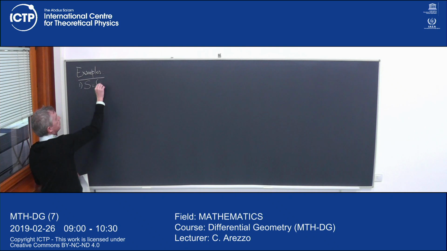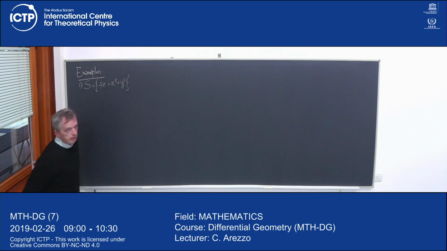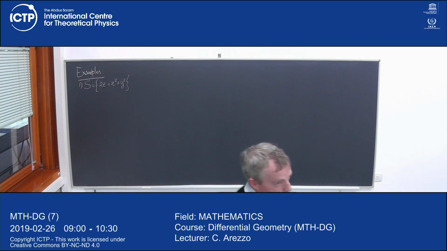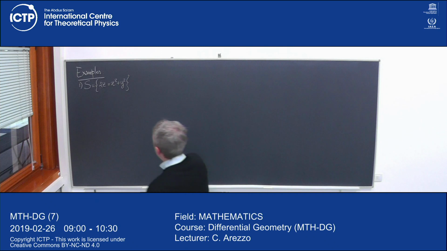Actually, just to complicate things a bit. If you write it as an equation, and the equation starts like z equal to something, that's automatically a graph, no? Because the function that you are looking at is what?